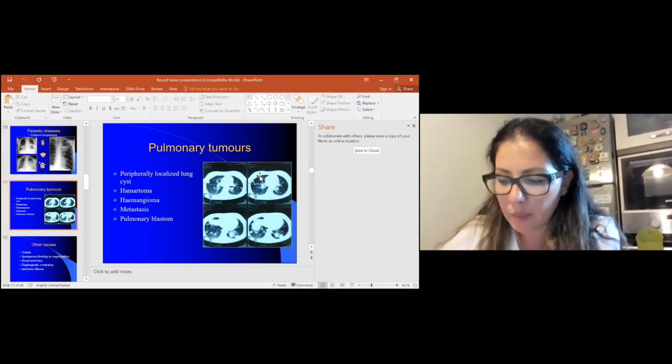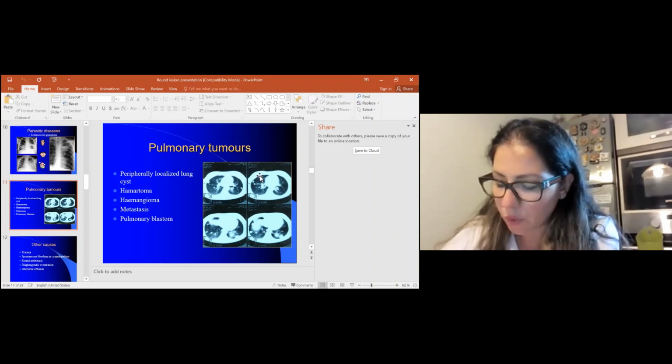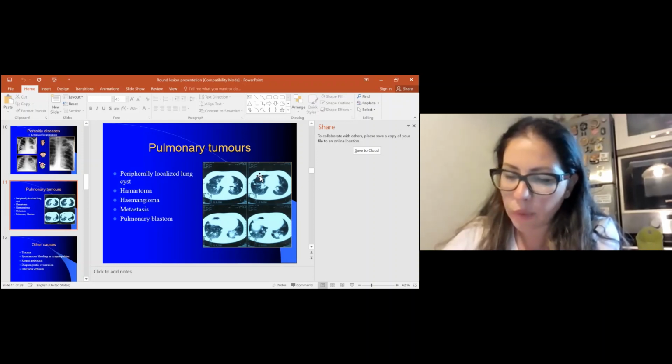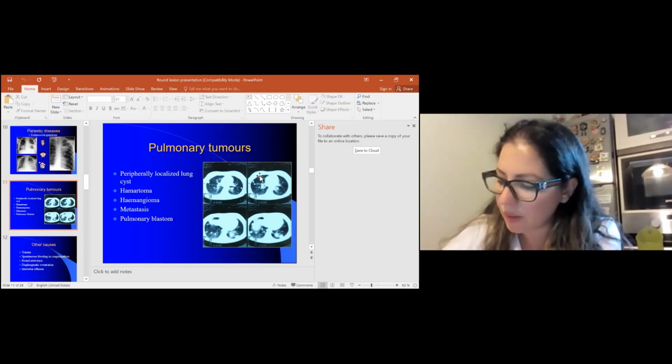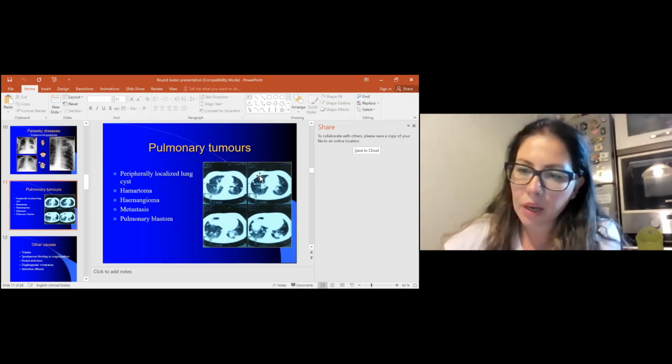Hemangioma and metastasis are probably more often than any other primary malignancy in children, from which most familiar is pulmonary blastoma. CT has the biggest sensitivity, but definitive diagnosis is made with pathology.